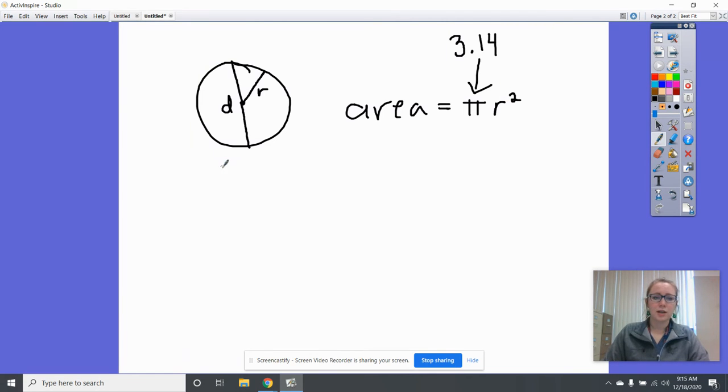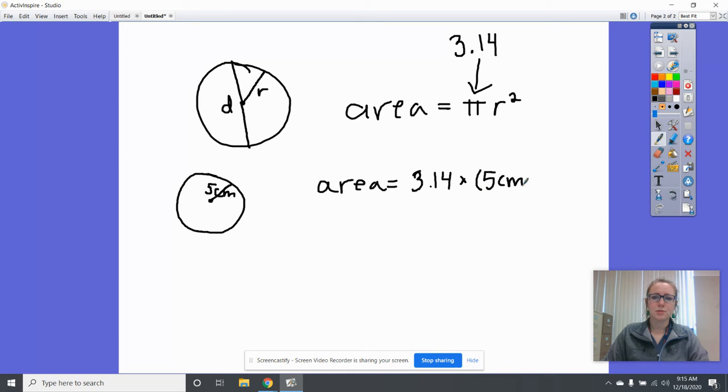So let's go ahead and look at a couple examples. Let's say I have a circle and it shows me here that this is 5 centimeters. Then we need to find the area. We're going to do pi, or our abbreviation of pi, 3.14, times our radius, which is 5 centimeters, squared.